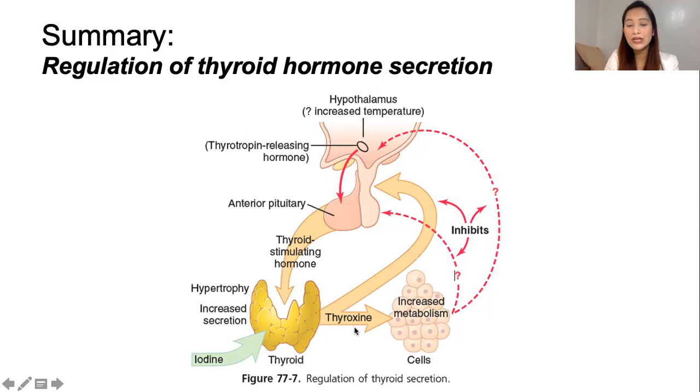Your thyroxine, primarily your T3, will increase metabolism in the cells, everything that we discussed, and the thyroxine will provide negative feedback both to your anterior pituitary and your hypothalamus as well.